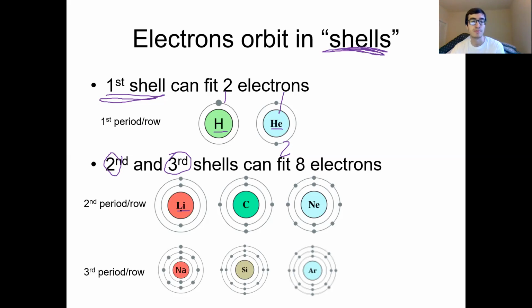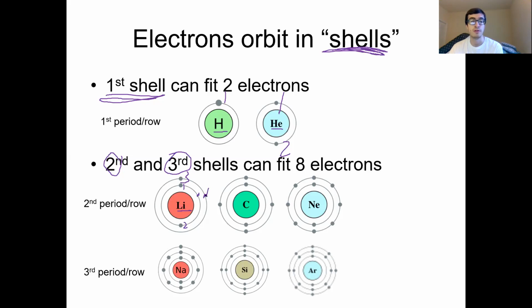So like lithium, for example, down here has 3 electrons. And so we have 1, 2 on that first shell, but then that shell is now all full. So our third electron has to go on shell number 2 out here.